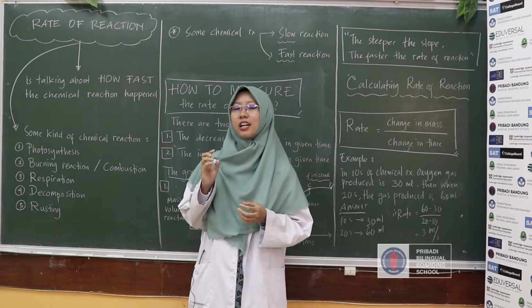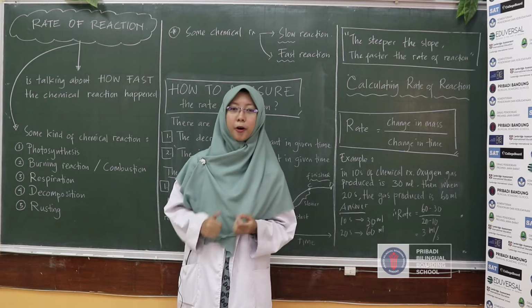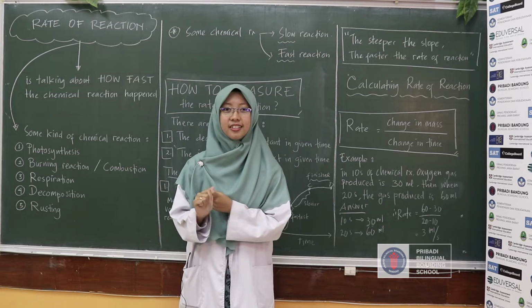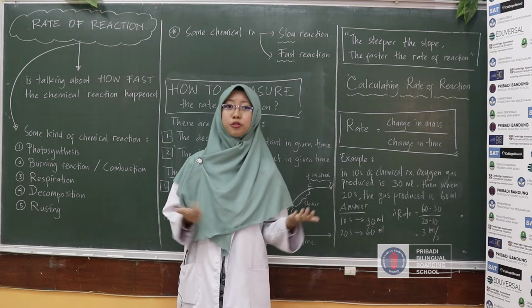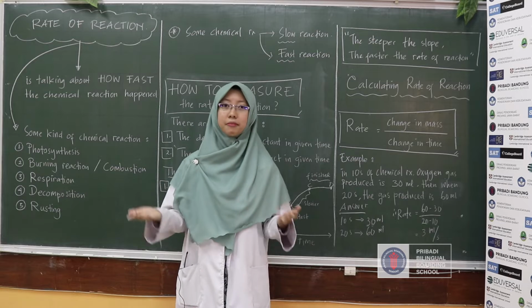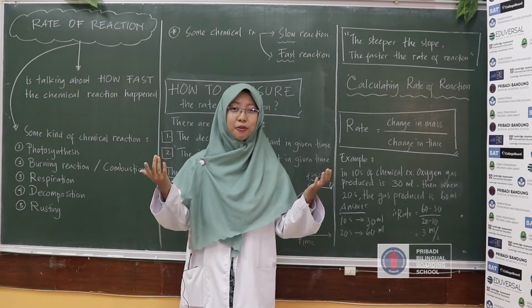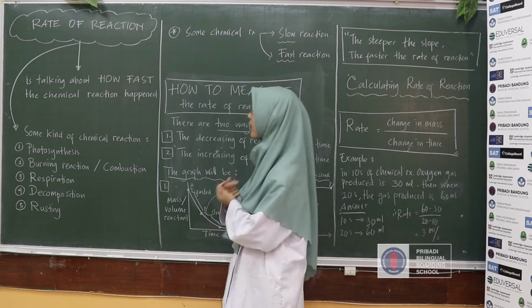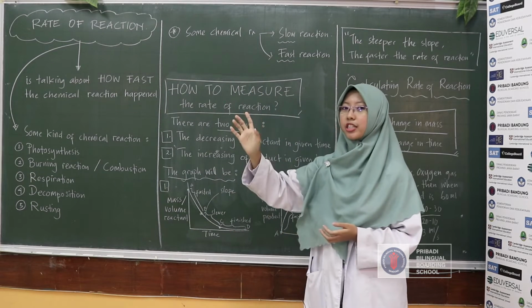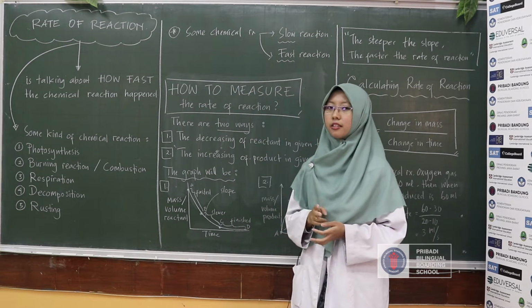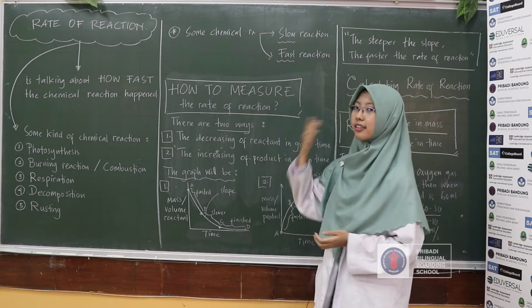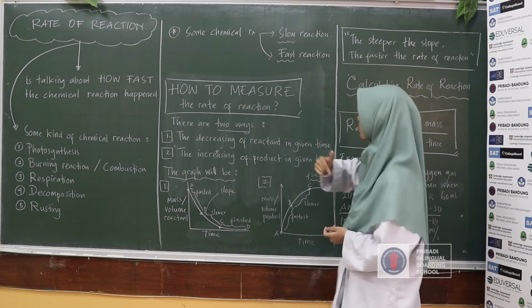Chemical reaction examples are photosynthesis, respiration, neutralization, burning or combustion, decomposition, and rusting. Actually, chemical reactions can be divided into two kinds. The first one is slow reaction and the second one is fast reaction.